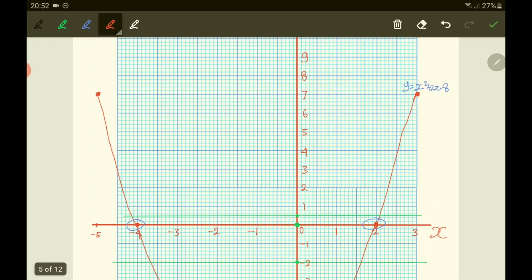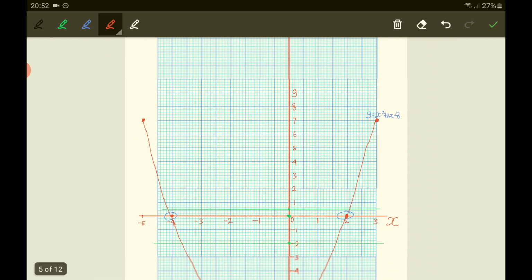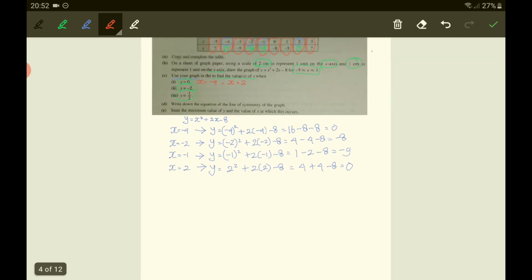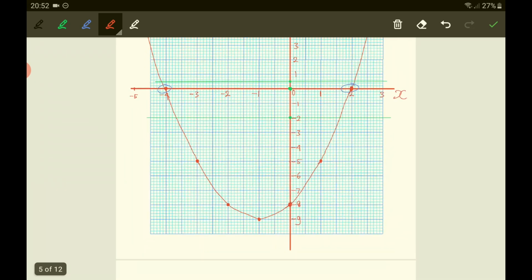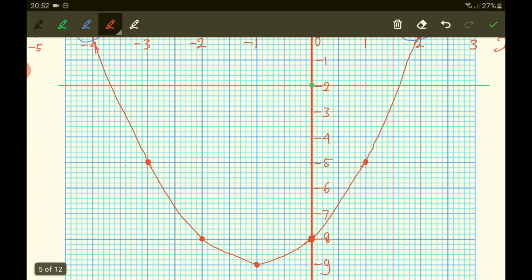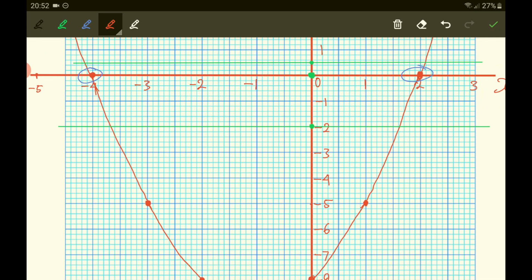Okay, so now what's the second one? y equal to -2. So when y is equal to -2, we're trying to find the value of x here. Well, let's try.